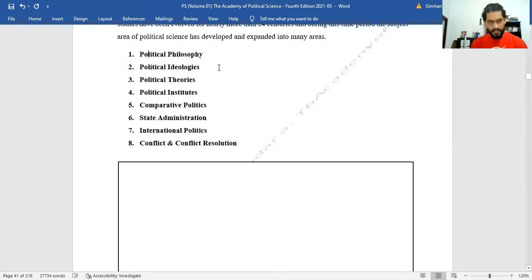So political philosophy creates political ideology, political ideology creates political theory, which creates political institutions, and that creates comparative politics. How does that work? Political philosophy is thinking about fundamental questions, as we discussed before. So what happens when people keep thinking? People come up with good, very solid ideas.